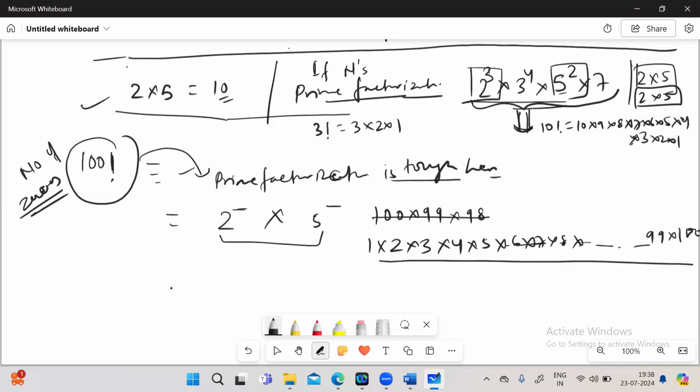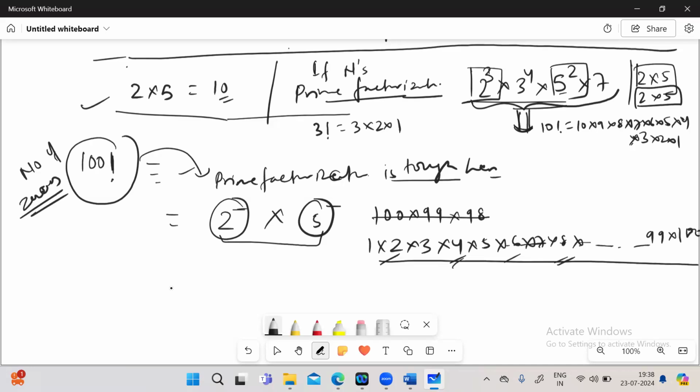So what do you see? Which will be more in number, power of 2 or power of 5? Power of 2, because every second number is giving 2 to you, every fourth number is giving 1 extra 2, every eighth number is giving 1 more extra 2, and every 16th number will give you 1 more extra 2.